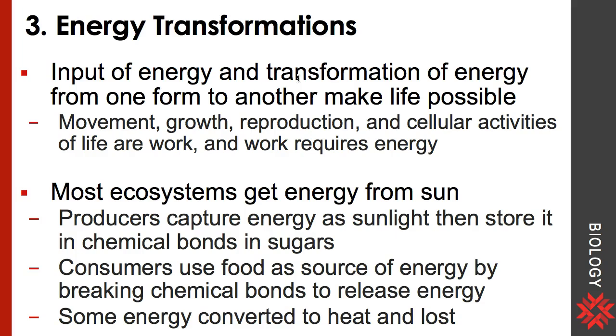So this is a very important aspect for the flow of energy. Energy flows through an ecosystem because you constantly need a new supply of energy. Producers will capture the energy, consumers will then eat those producers to get the energy, use the energy, and that energy is lost.